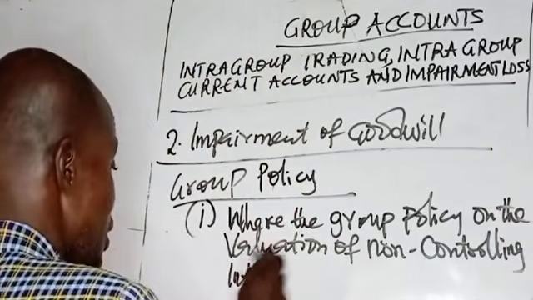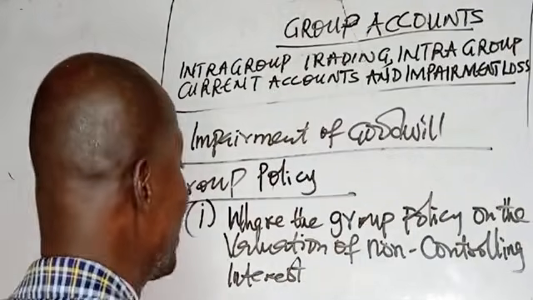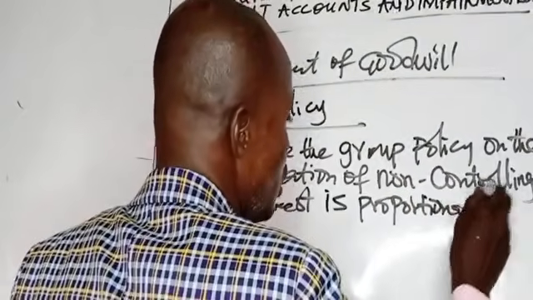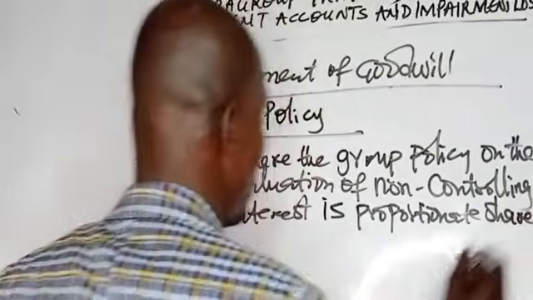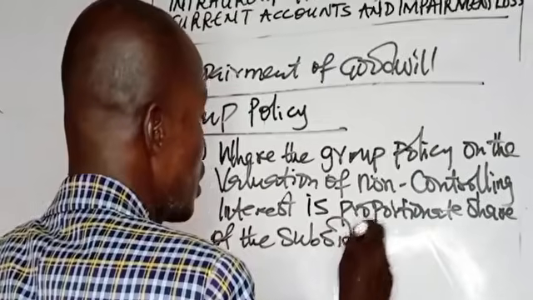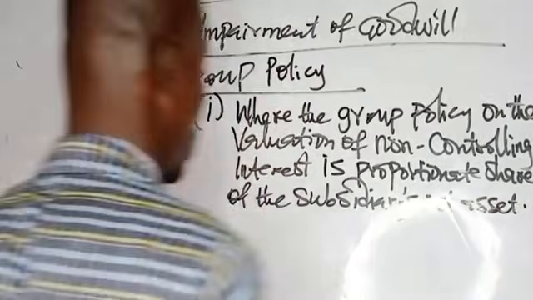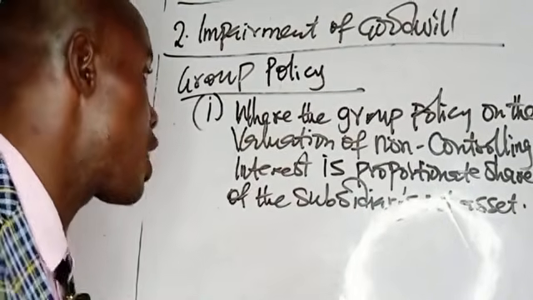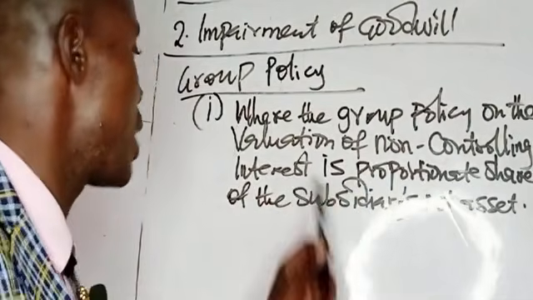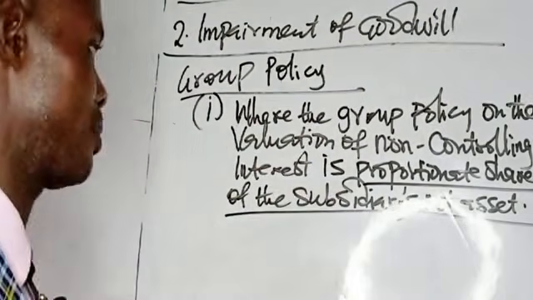I want to explain the treatment of impairment loss where the group policy on the valuation of non-controlling interest is proportionate share of the subsidiary's net assets.